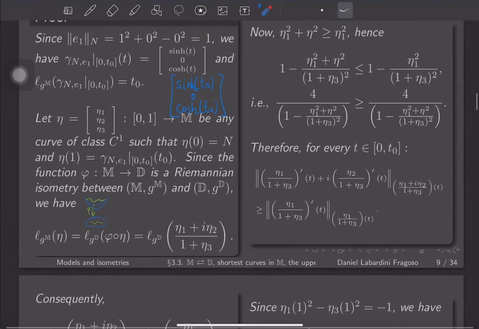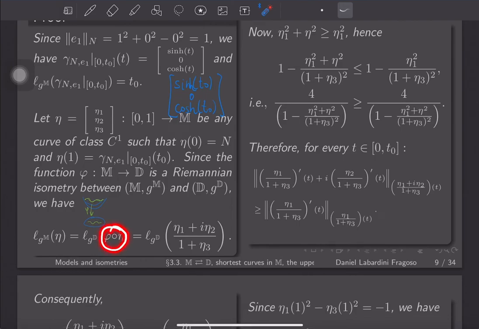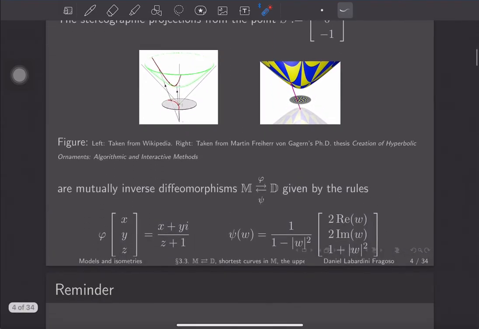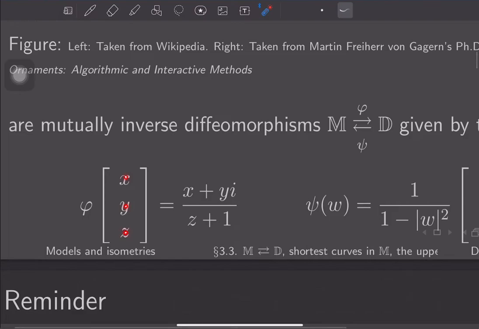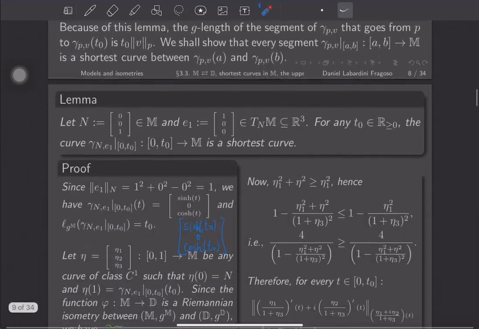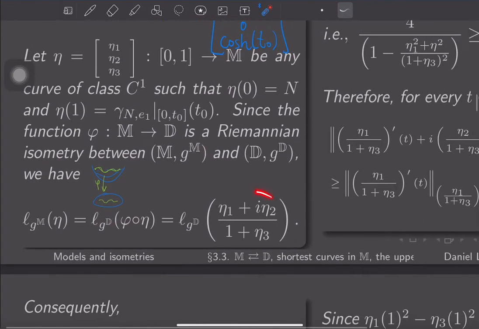Okay, and now in terms of these three entries, what's this? So I go back to the formulas, and you see phi of an ordered triple has to be x plus yi, divided by this one plus 1. So that's why I write here this one plus this one divided by this one plus 1, but as functions.